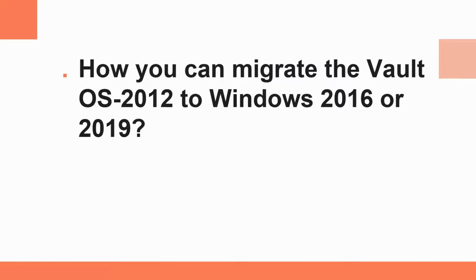If the connection is working fine, then you can decommission the operating system 2012 and point all the components to the new Vault. That's how we migrate from the old operating system to the newer one, whether you are migrating to 16 or 19. 19 is the latest.